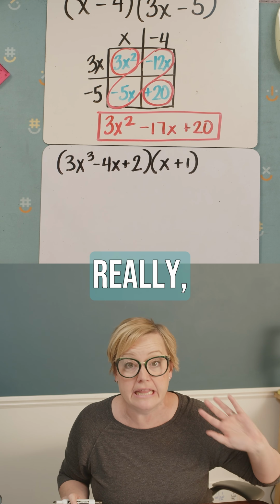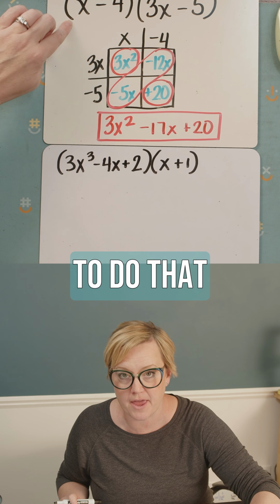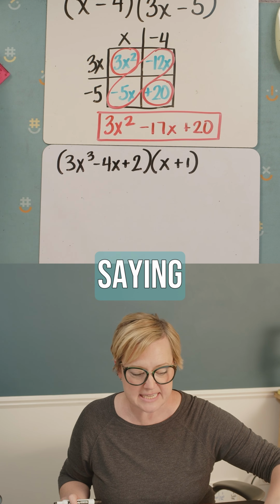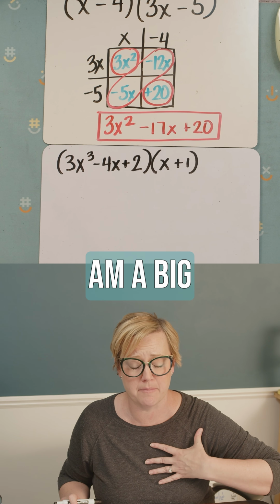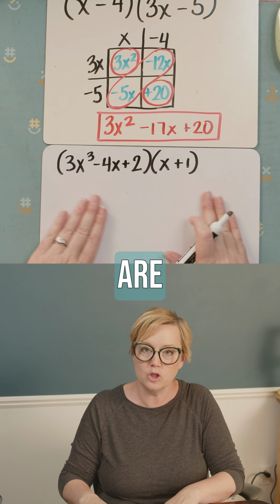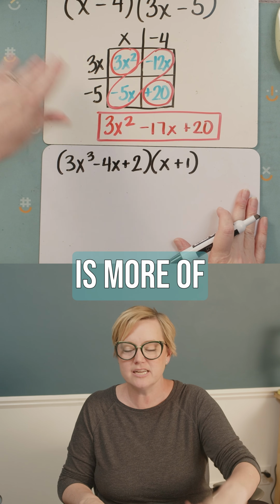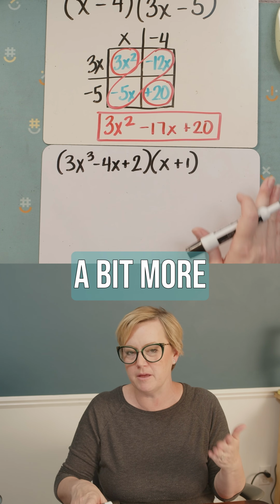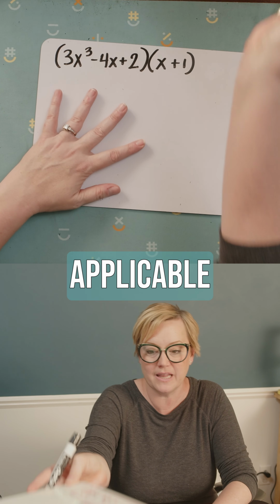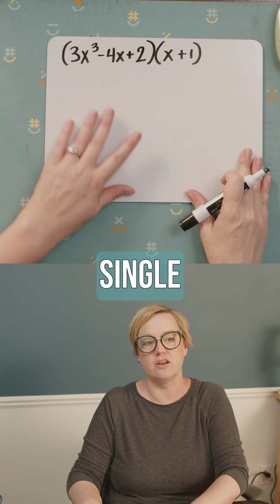And it is really fast when you're multiplying binomials. Totally. I am not saying never FOIL because I am a big FOILer, okay? I'm just saying when you are learning how to do this, that is more of a shortcut. It's a bit more efficient, but it's not applicable in every single sense.